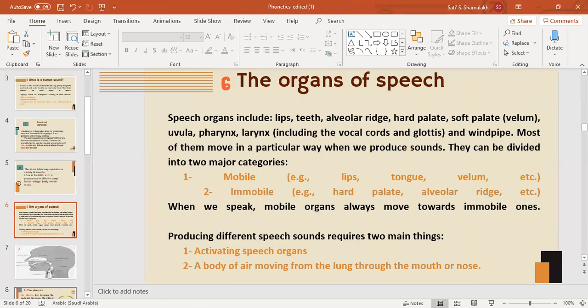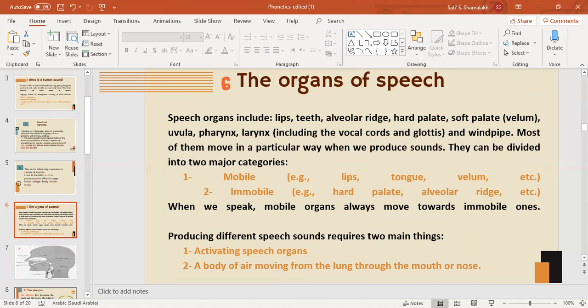Slide 6. The organs of speech. Speech is the noun of speak. Do we speak with our hands? Do we speak with our eyes? Do we speak with our feet? No. So what do we use to speak?